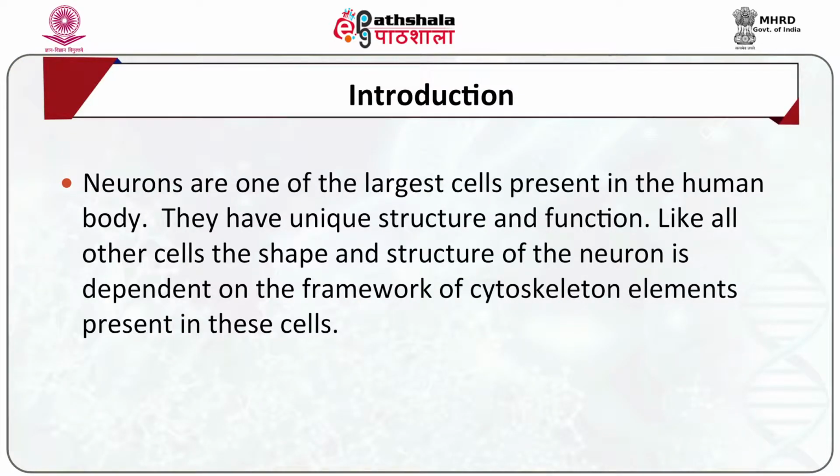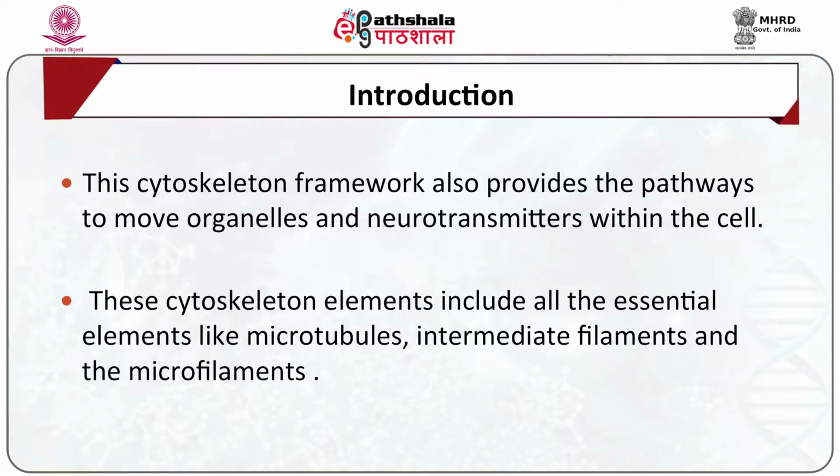So, what we see in this is that neurons are cells, as we all know, with unique structure and function. They are supported by the cytoskeleton, which is made up of microfilaments, microtubules and intermediate filaments, as in all other non-neuronal cells.